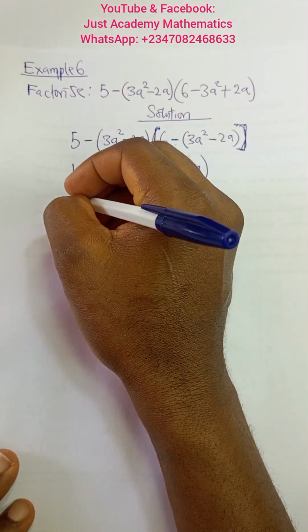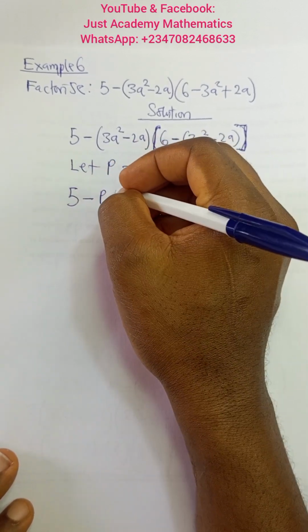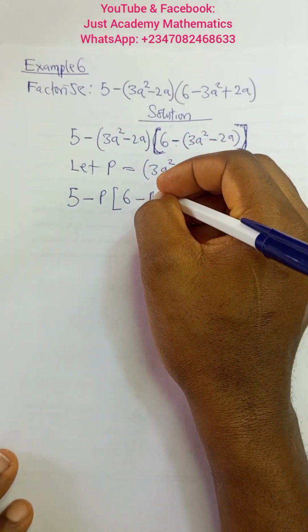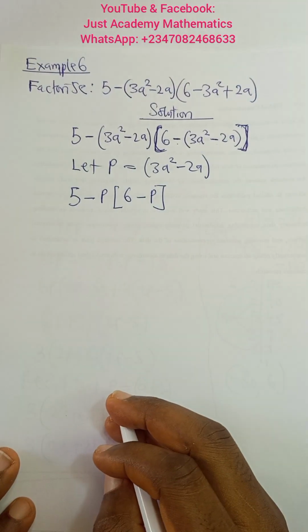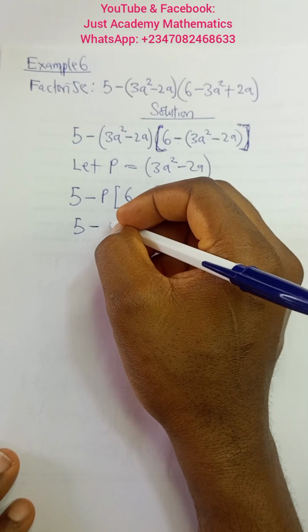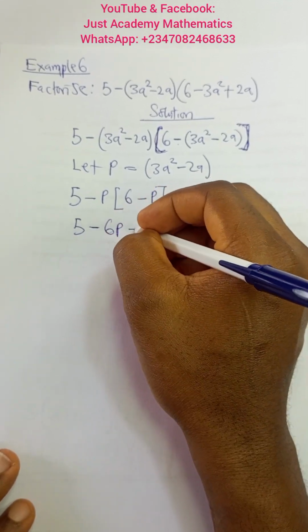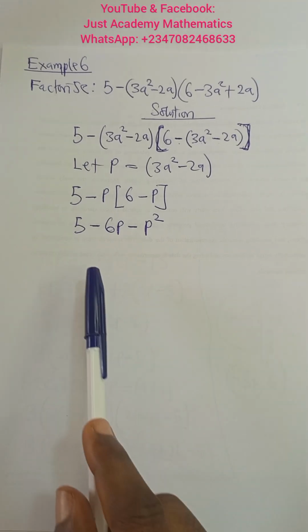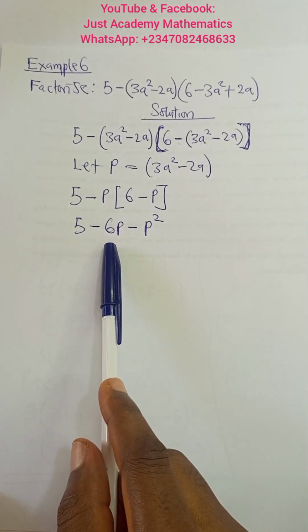So that we'll now get 5 minus p times 6 minus p. Can you see something now? So we are now having 5 minus 6p minus p squared. You can see that this is a pure quadratic now.